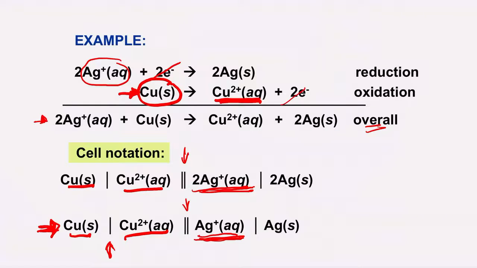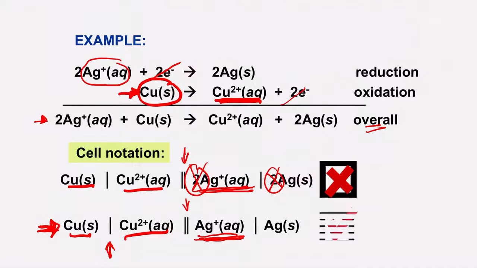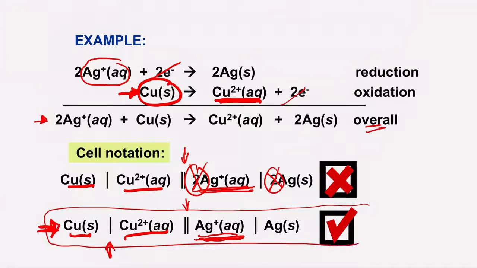You're not going to show your 2 moles here. Don't need to show for cell notation, okay? So this is the correct way for you to write the cell notation. Don't need to take note of the stoichiometry coefficient of your half cell equation. Okay, reaction tu. Ingat.